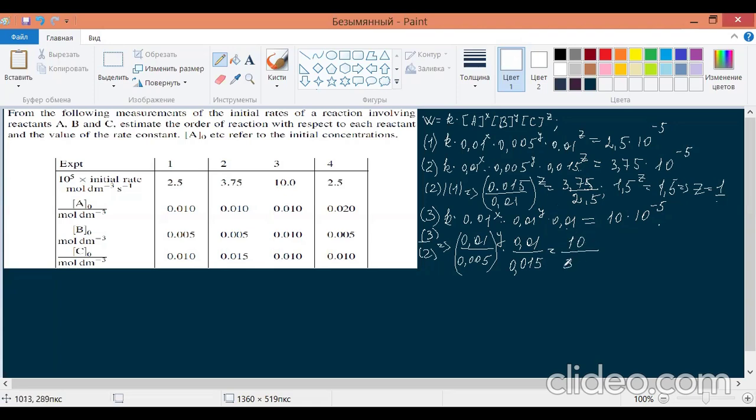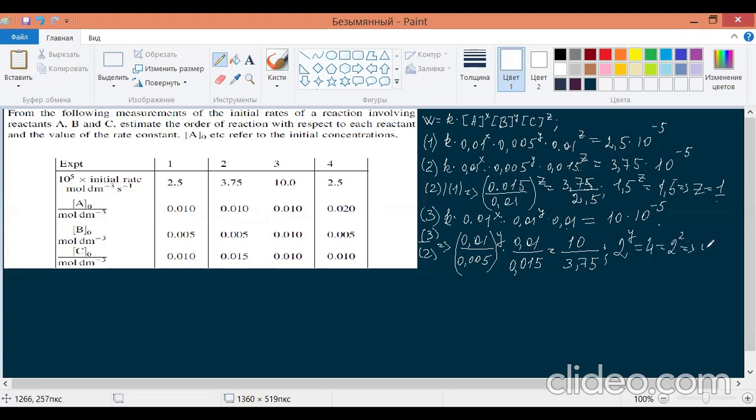10 over 3.75. So that means 2 raised to y is equal to, let me take the calculator, 10 over 2.5, which is equal to 4, or 2 squared.